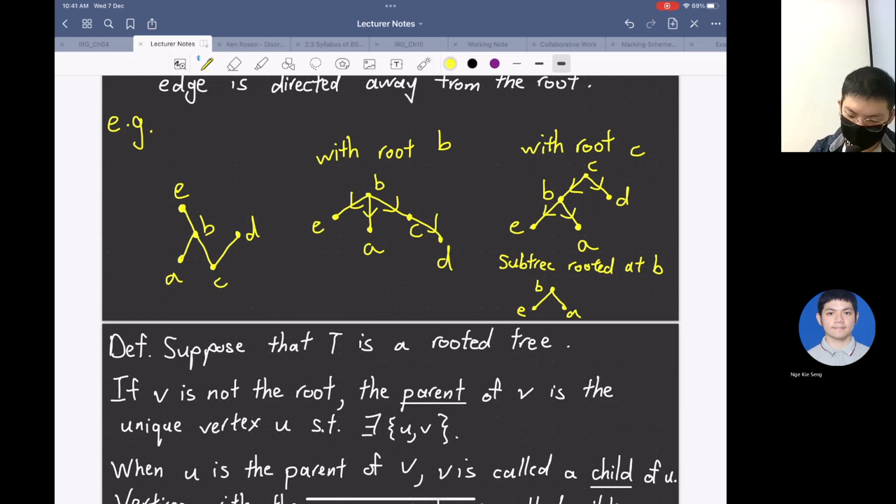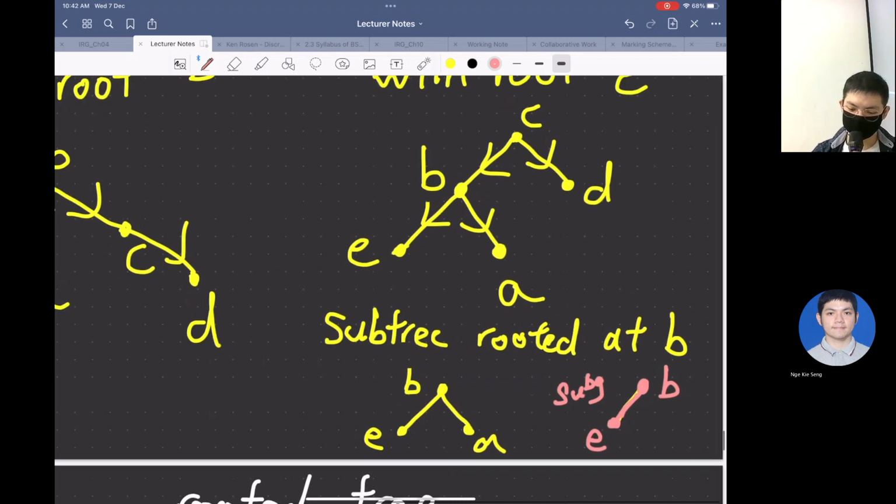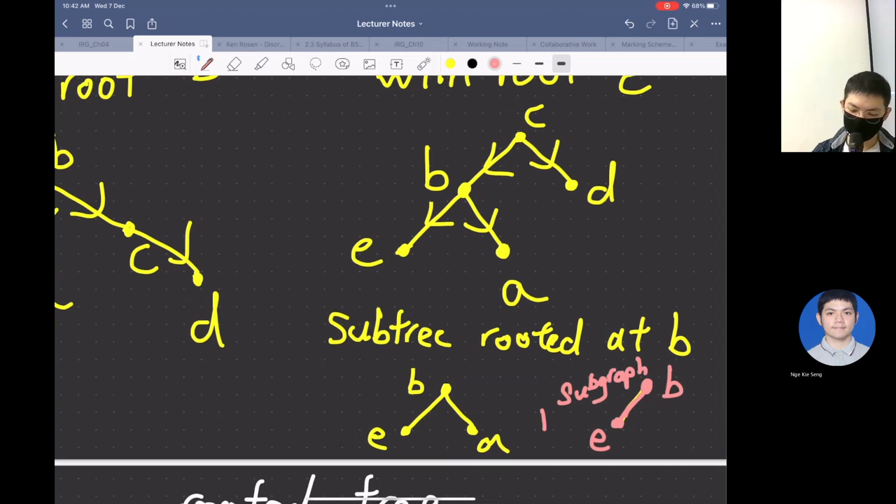For example, if you just draw B and E, this is a subgraph, but it is not a subtree, because you don't include all the descendants of B. So for a subtree you need to include all the descendants. Make sense?